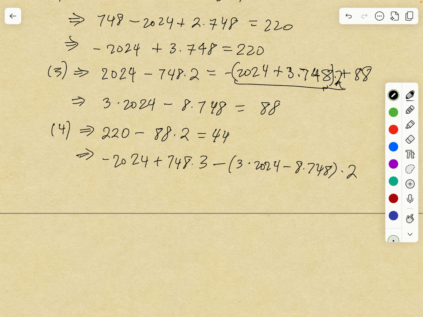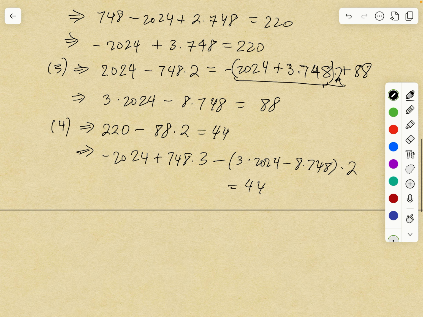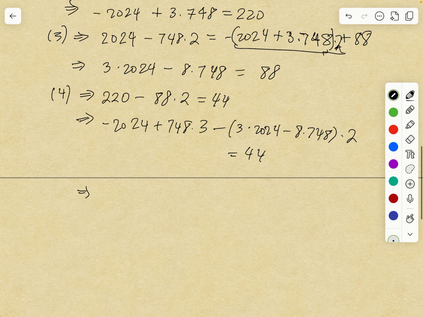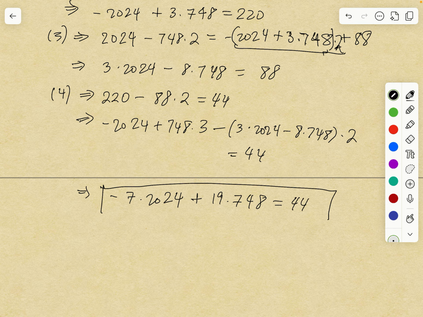So that times 2 equals 44. And finally, when I simplify, I get negative 7 times 2024 plus 19 times 748 equals 44. And if you calculate it out, it turns out to be correct.